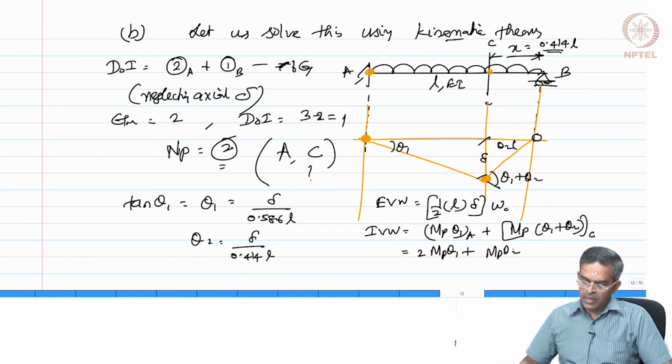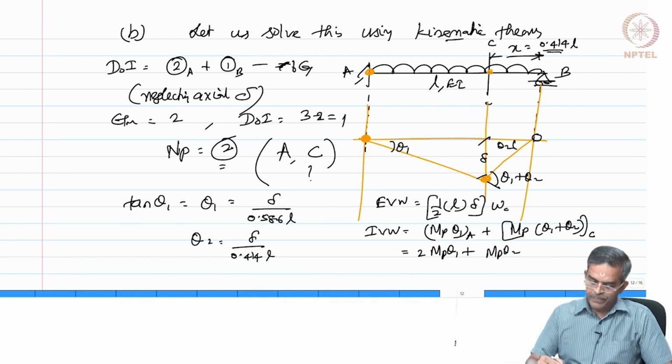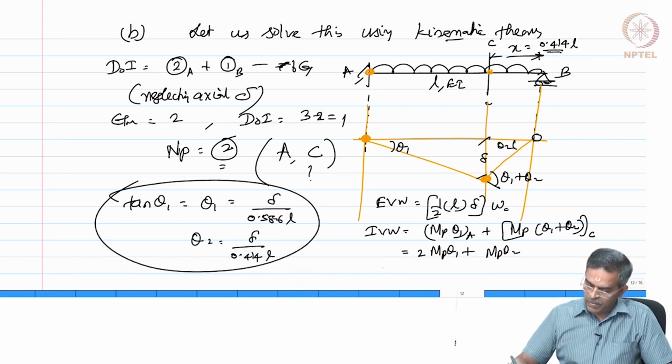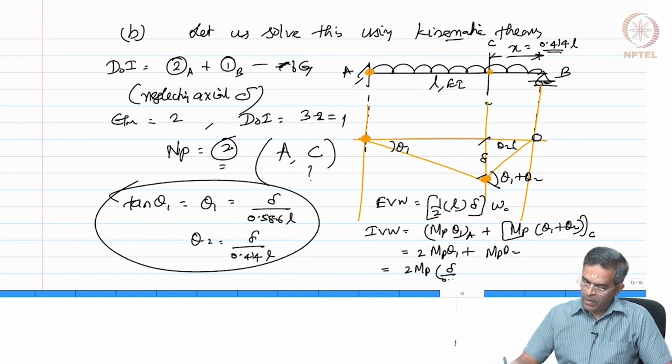Let us substitute for theta 1 and theta 2 from here, which will become 2 MP times of del by 0.586. Oh, let me do it in the next line.